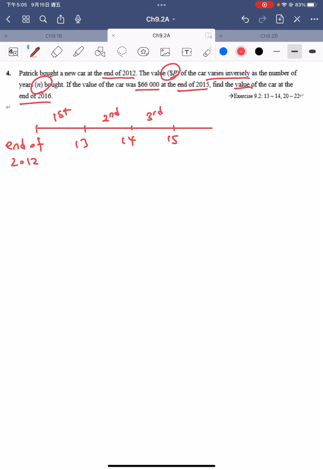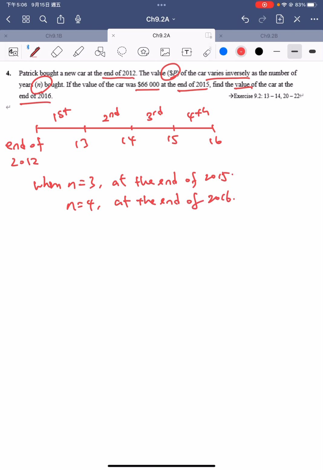So when n is equal to 3, it's the end of 2015. Similarly, the end of 2016 is the 4th year, so when n is equal to 4, it's the end of 2016.